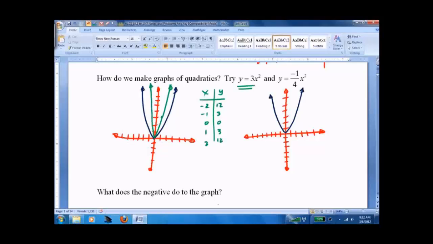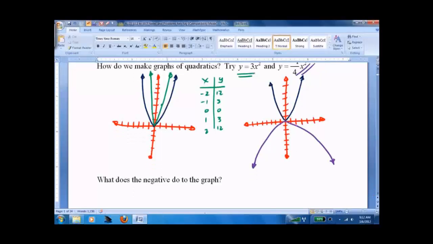We could put it in our calculator. Could do this, could do that. What we're going to do going forward is make your life as easy as possible. Make this one in purple. This one's going to look something like that. And I know that without even making a table from practice.